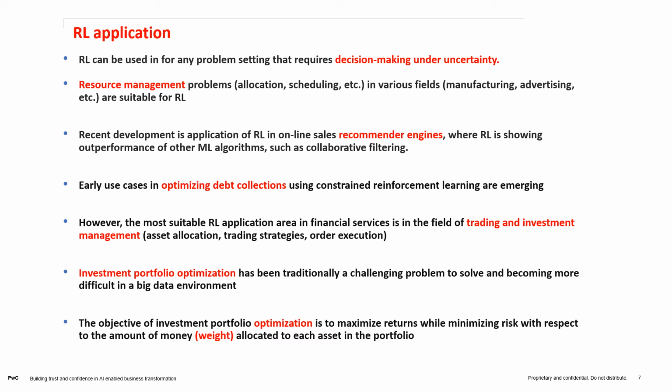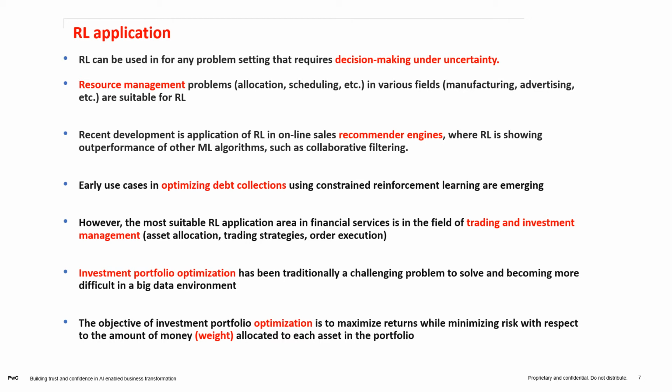A very interesting recent development is the application of RL in online sales recommender engines, where RL is showing some very good promise, outperforming other ML algorithms such as collaborative filtering, etc., which is very exciting.